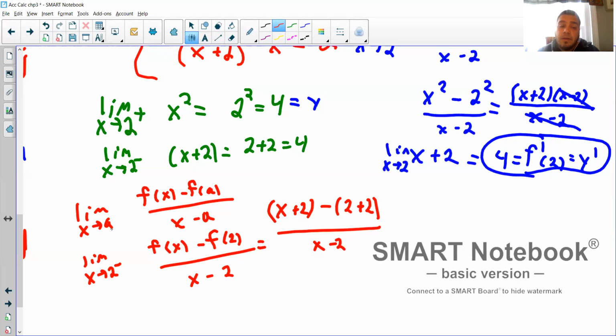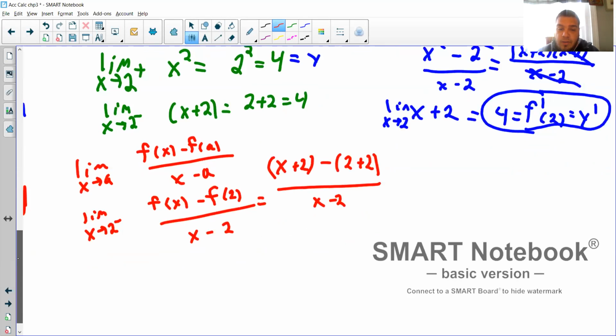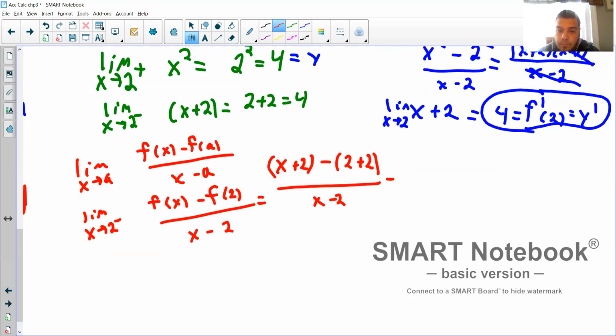That's not okay, so I have to simplify in some way. On the top part, I can rewrite it: this is 4, so x plus 2 minus 4 reduces to x minus 2 over x minus 2. Hey, that's exactly the same on top and bottom. That reduces down to 1 over 1.